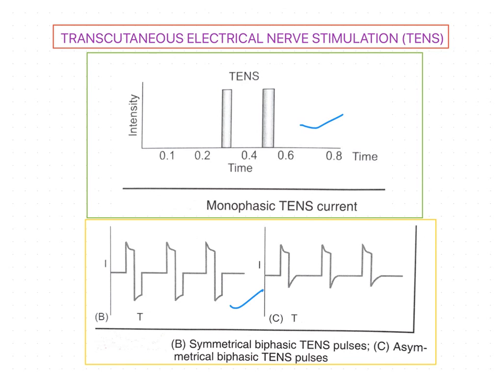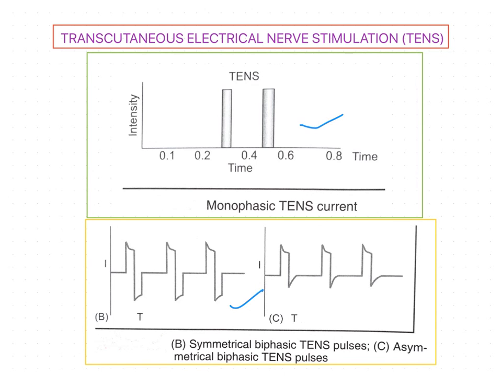Monophasic or biphasic currents with a pulse duration of 50 to 200 microseconds and frequency of 1 to 120 hertz, and also as high as up to 200 hertz, and a maximum peak current of 50 to 100 milliamperes applied through surface electrodes primarily for pain control.